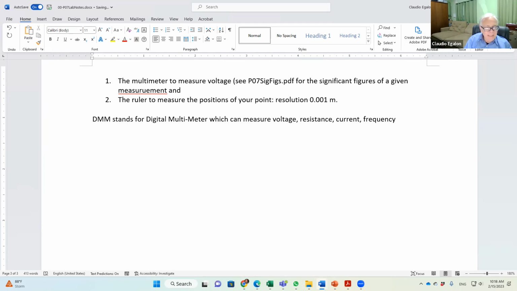I believe that's all they measure. Maybe in certain cases you can measure capacitance, etc. But you are interested only in voltage here at this point in time.